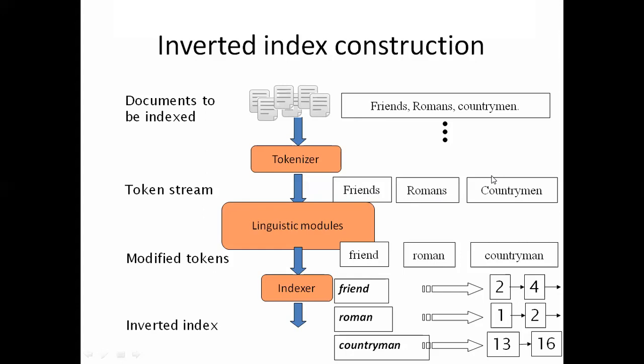These separated terms are there. So this is called the token stream. The token stream is friends, Romans and countrymen.